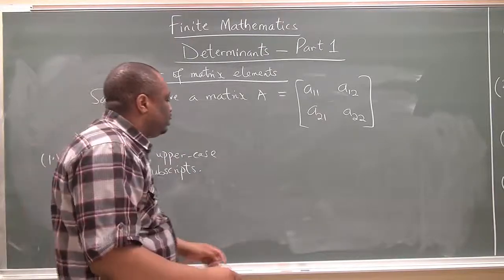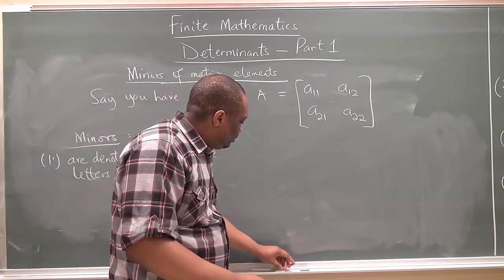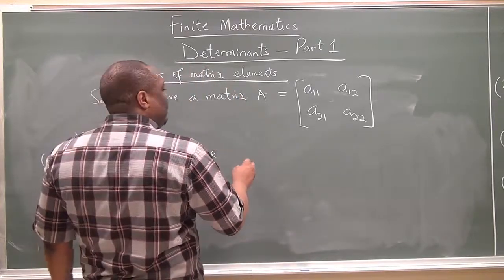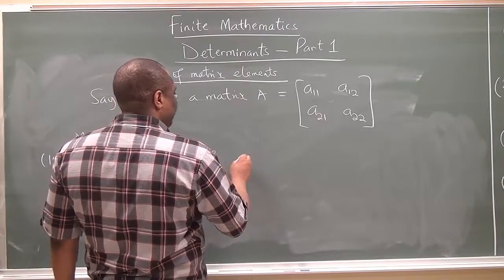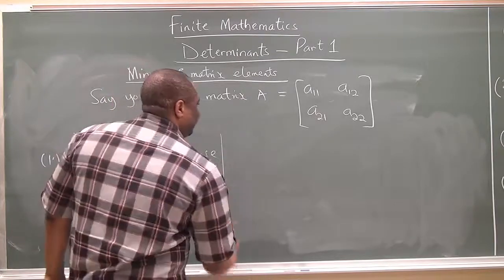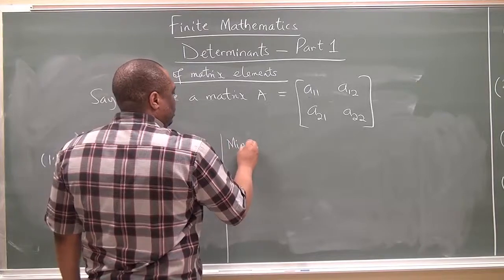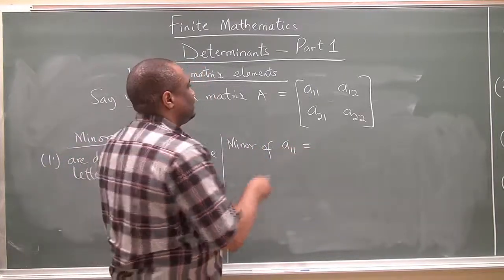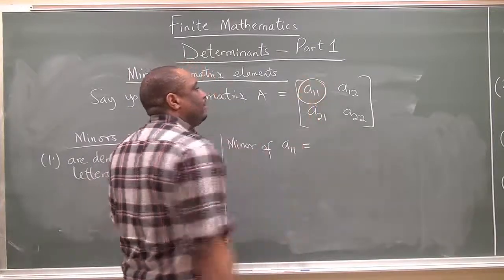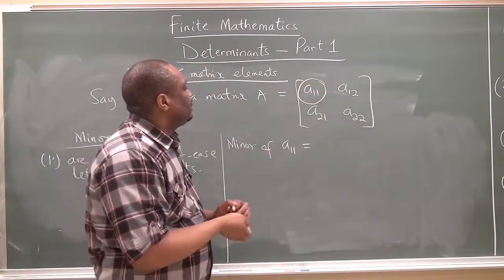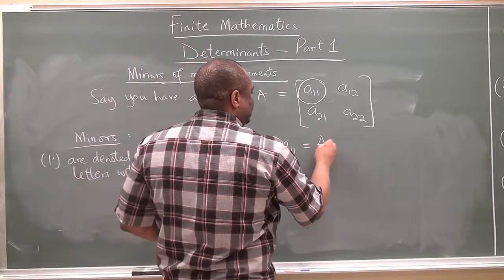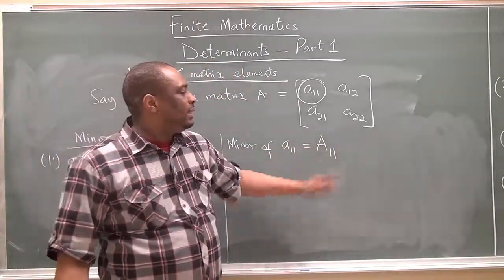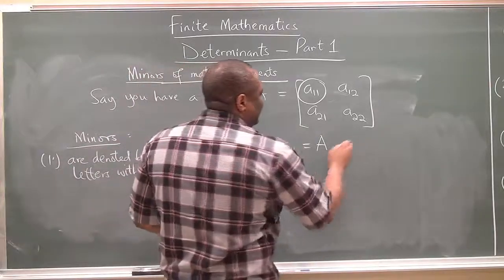For instance, I'm going to use a colored chart here. If we want to find the minor of A11, using a yellow chart here, this will be uppercase A with subscript 11. How do we find this minor?